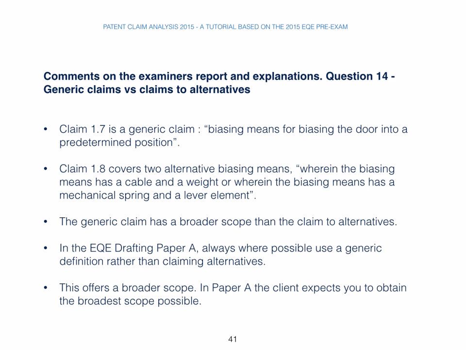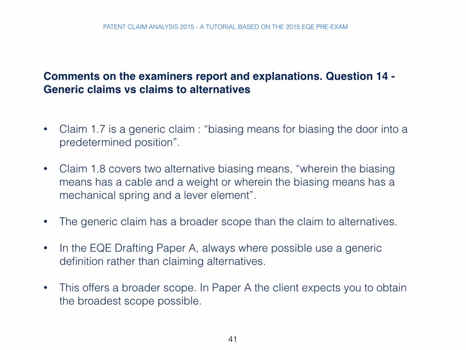Claim 1.8 covers two alternative biasing means, wherein the biasing means has a cable and a weight, or wherein the biasing means has a mechanical spring and a lever element. The generic claim has a broader scope than the claim to alternatives because it includes unspecified further embodiments.